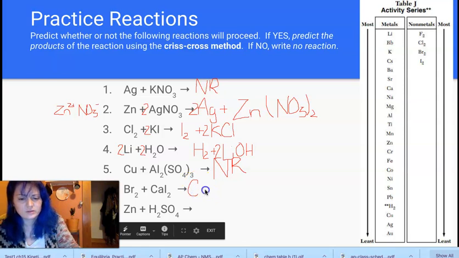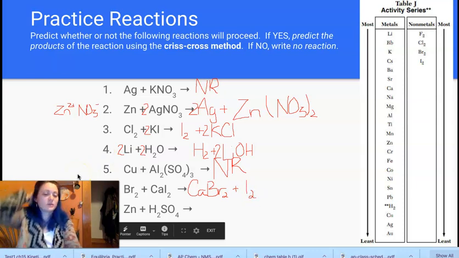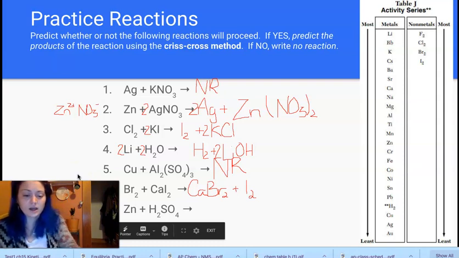So we would simply have calcium would now be bonded to the bromine, so it would be CaBr2. Iodine and bromine have the same charge, so I can actually just replace them in the formulas. And then I2 would come out of the compound. And finally, zinc and sulfuric acid. So we're looking at cations here, zinc and H2.